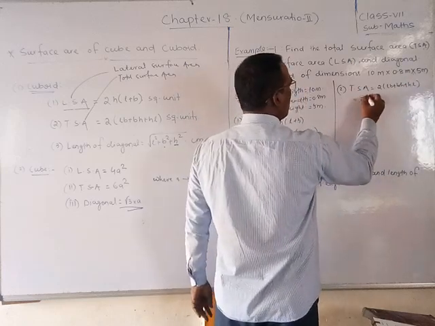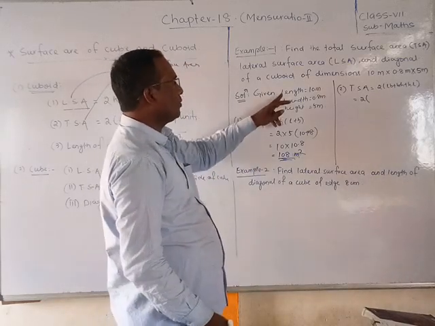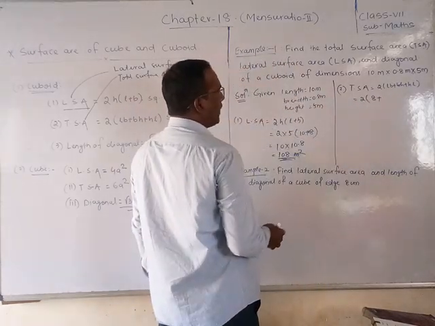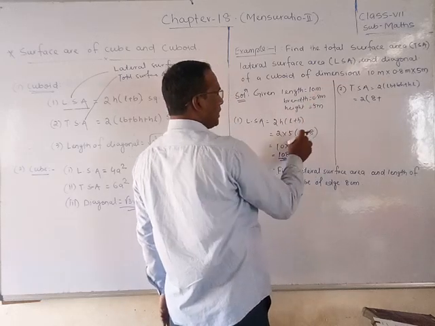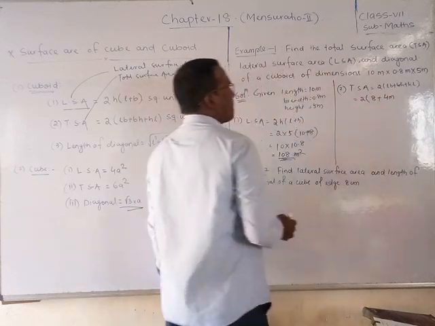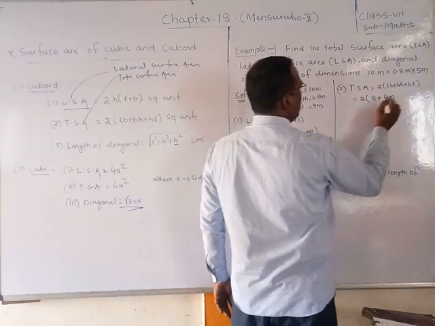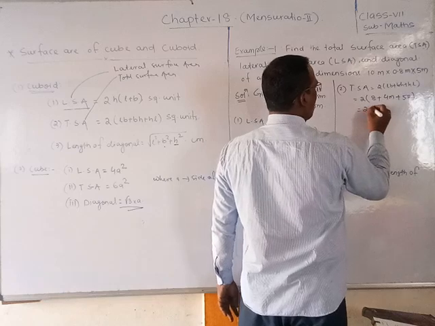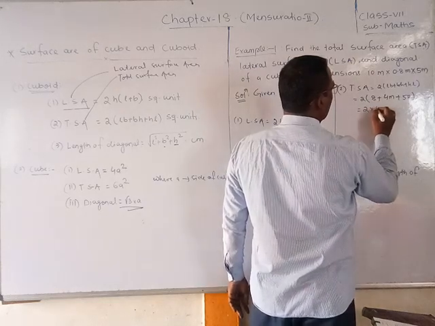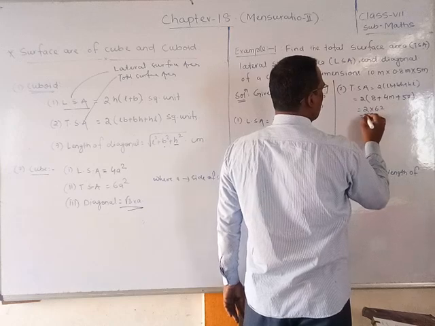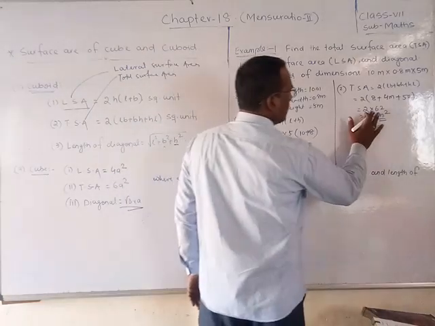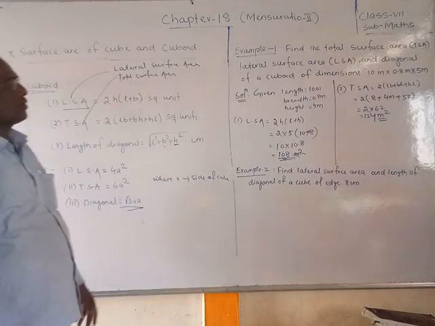So 2 whole, length into breadth, which is 8, plus breadth into height, 0.8 into 5 is 4 meter, plus height into length, 5 into 10, that is 50. Adding 8, 4 and 50 gives 62, and 2 into 62 is 124 meter square. We get the total surface area.